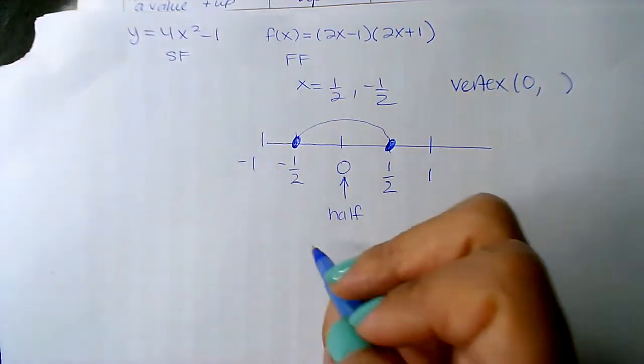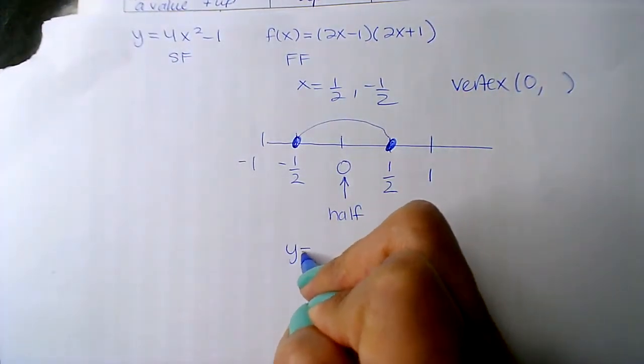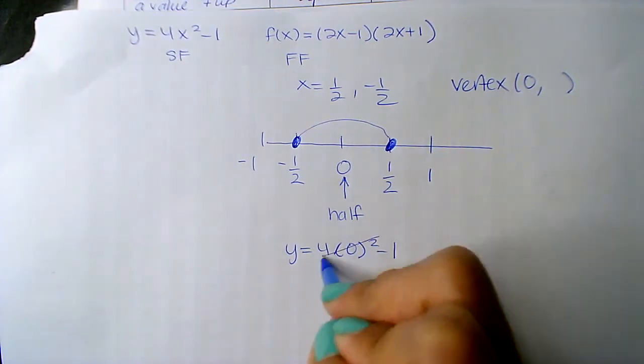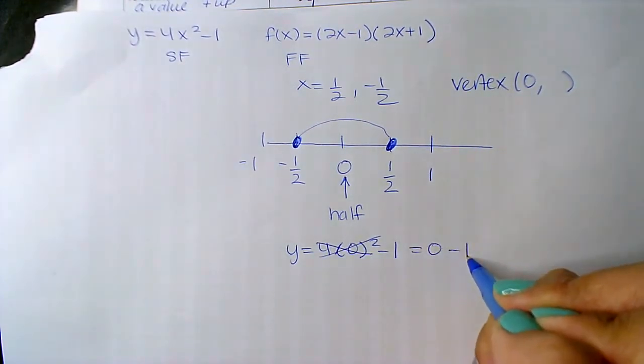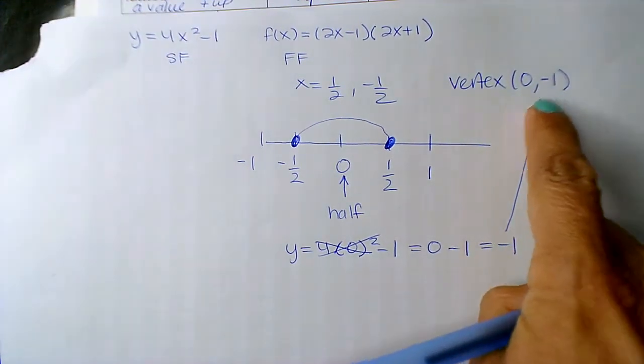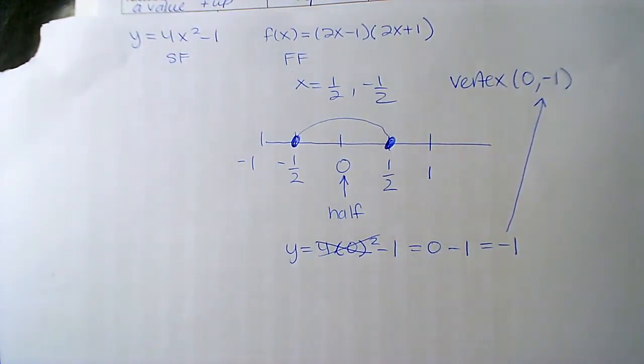It's up to you. But if I take it into standard, 4 times 0 squared minus 1, anything times 0 is 0, and so I end up with a -1. That's my vertex.